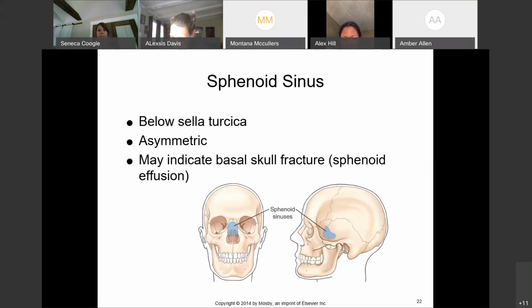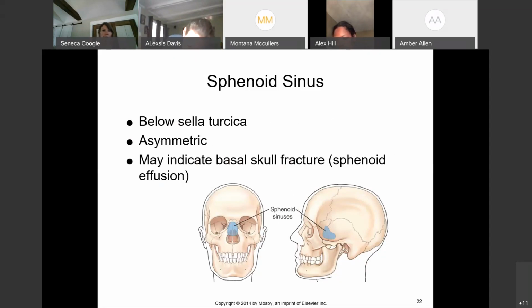All right. The sphenoid sinuses are below the sella turcica. So even if you can't remember where exactly these may be, you know for sure that they're in the sphenoid. They're sphenoid sinuses, but they're below the sella turcica, the saddle that you see on the lateral skull X-ray. You can have effusion in your sphenoid sinuses, and they are asymmetric as well.